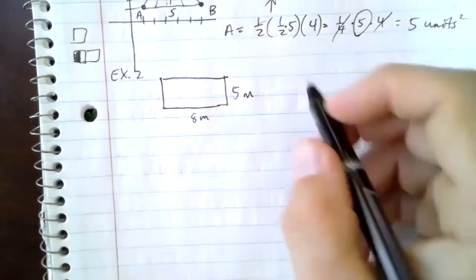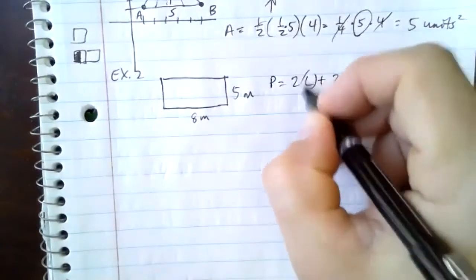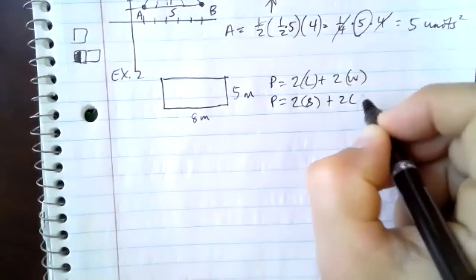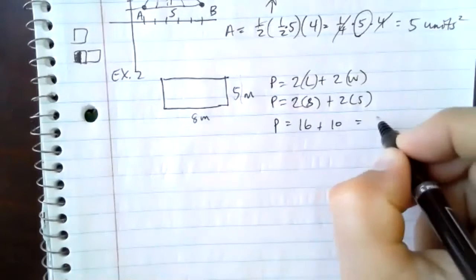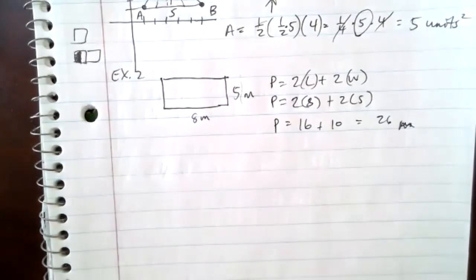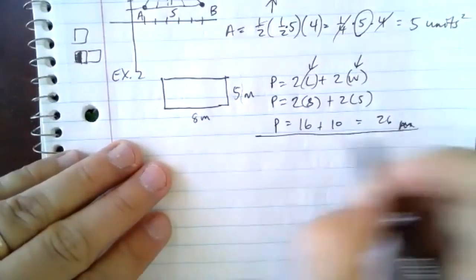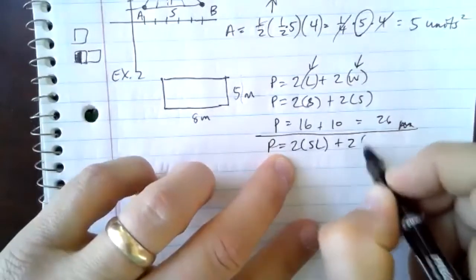So the original perimeter would be 2 lengths plus 2 widths. So we have 2 times 8 plus 2 times 5. So the perimeter around this shape would be 16 plus 10, or 26 meters. Now, how does that affect it if you multiply both dimensions by 5? Let's rewrite that: perimeter equals 2 times 5L plus 2 times 5W.